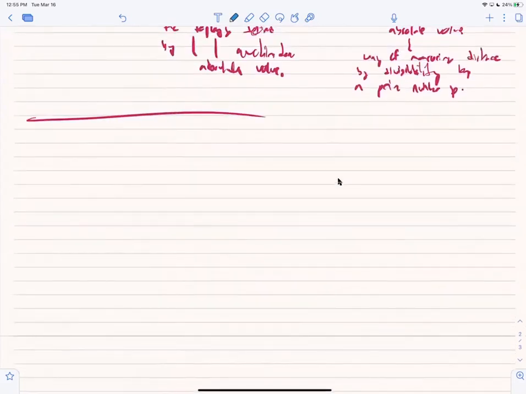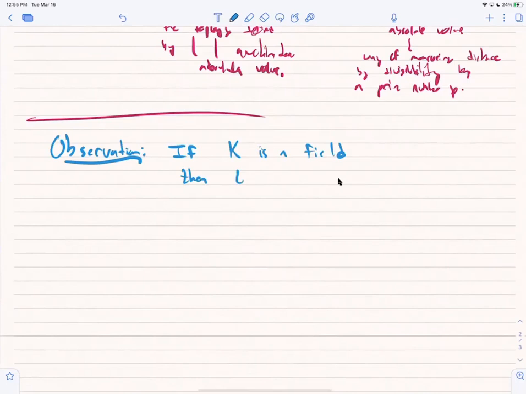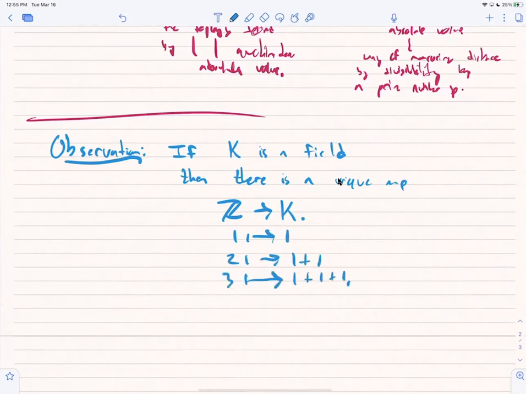Okay, so, observation. If K is a field, then there's a unique map from Z to K. It sends 1 to 1, 2 goes to 1 plus 1, 3 goes to 1 plus 1 plus 1, and so on.